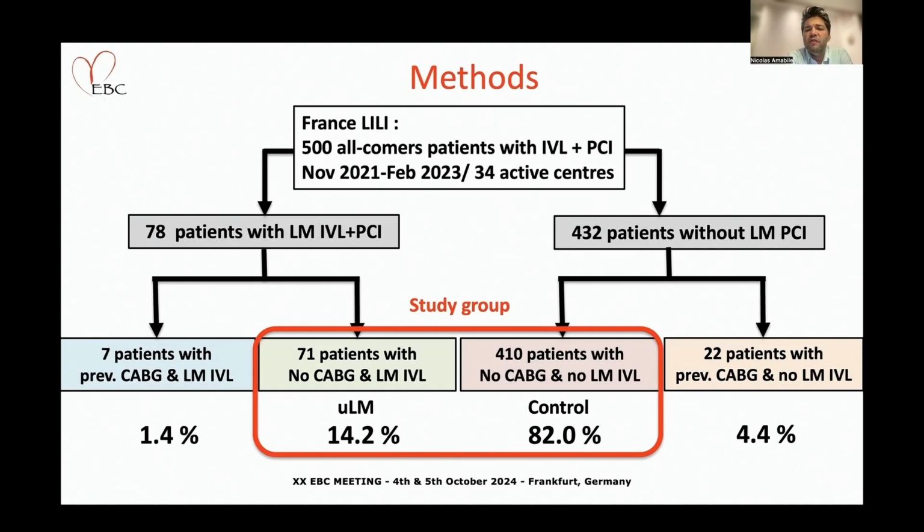On the other hand, 432 patients got IVL in another site than left main. 22 out of these 432 patients got previous CABG, but the 410 remaining patients got no CABG and no left main IVL, and then were defined as the control group.